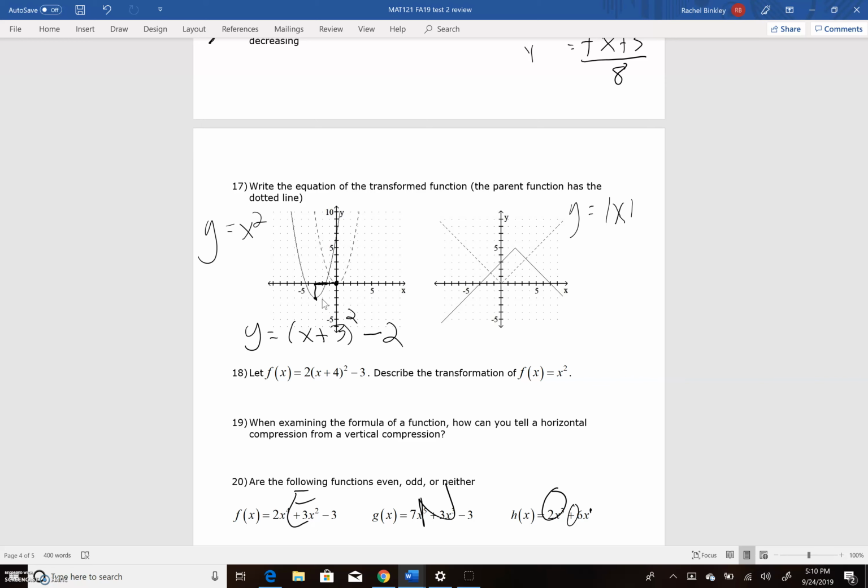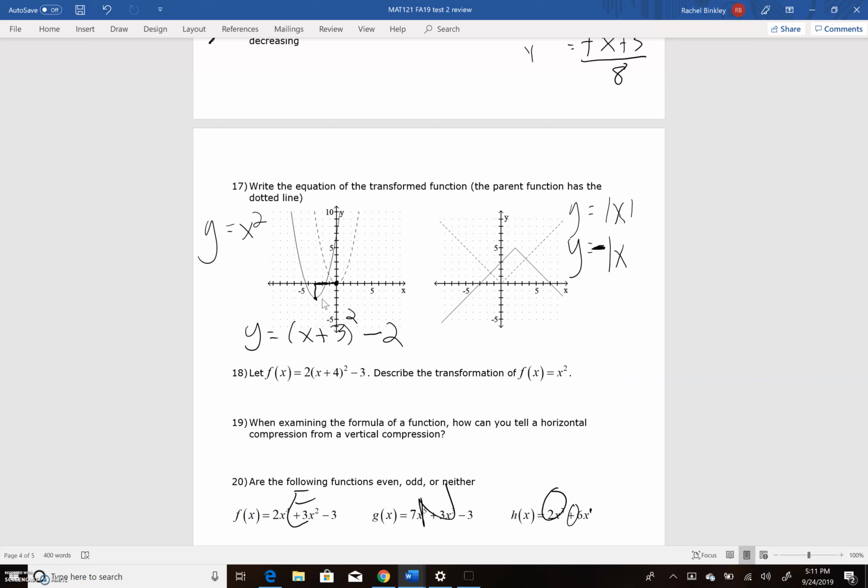It should look similar. This one over here, what have we done? We have flipped it over, moved it right, and moved it up, right? So to reflect it over the x, that's going to be that negative on the outside here.